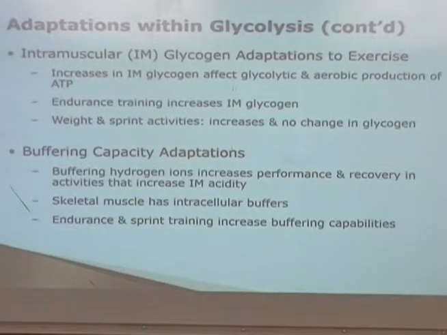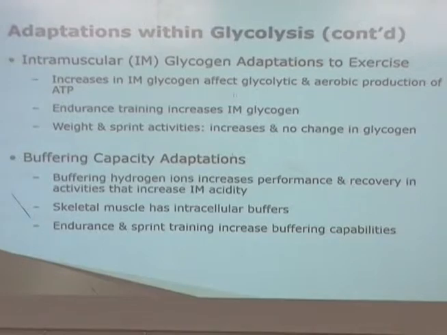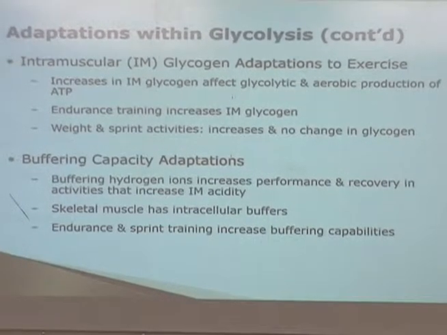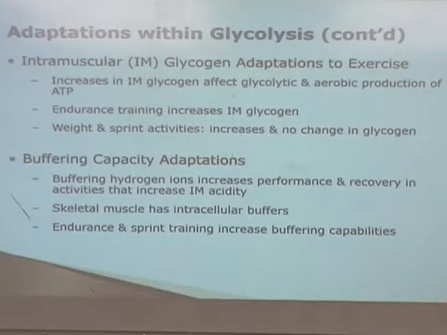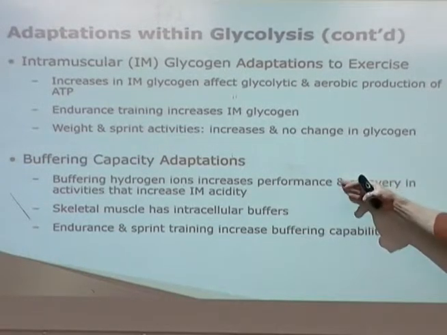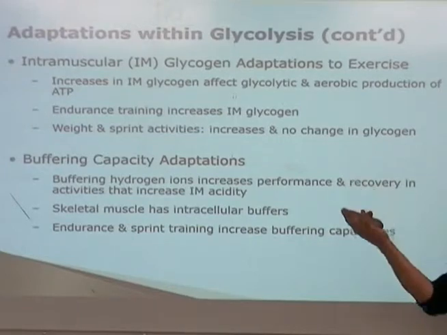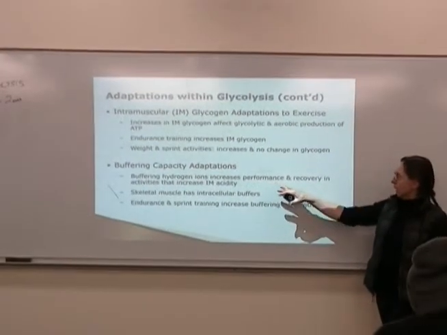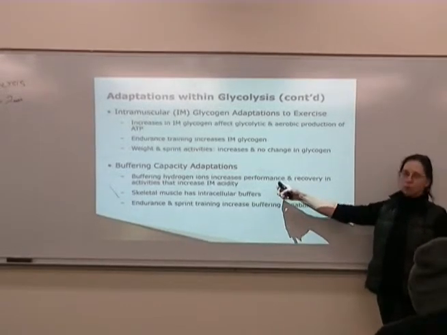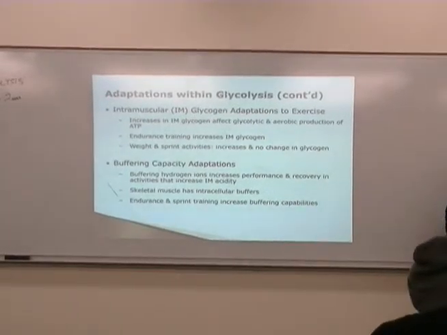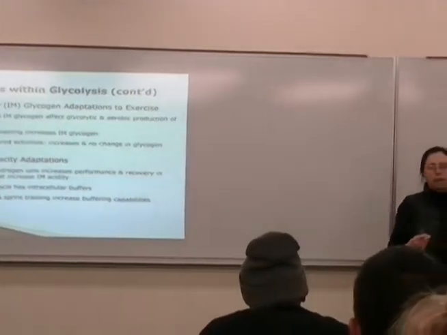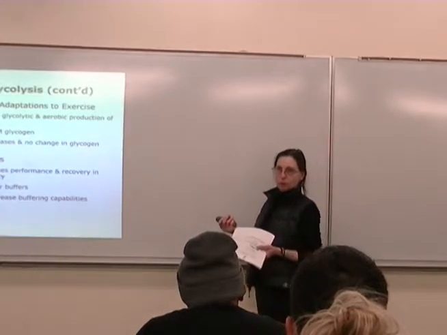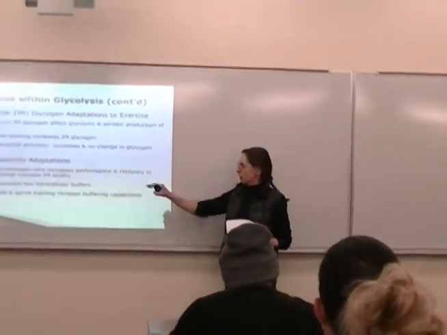The better able I am to balance the hydrogen ions, the longer I can keep going before the acidity builds up. A buffer is typically an alkaline substance. It's just the opposite end of the scale from an acid. We want to be able to buffer them for as long as possible so we can go a little bit longer, and then recover as quickly as possible once we've finished the sprint or whatever it is that we were doing.